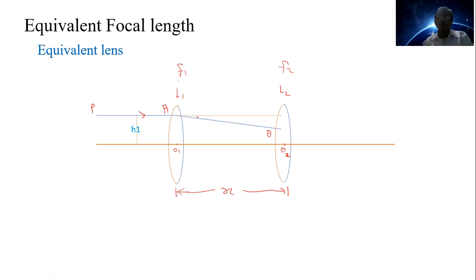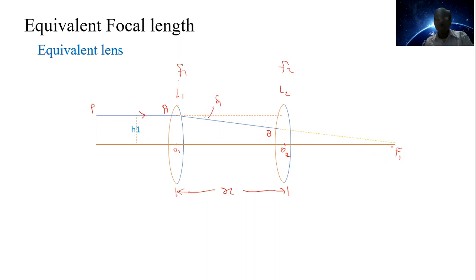The deviation produced here we can consider to be delta 1, the deviation by the first lens. Now see here, if the second lens is not present here, then the light ray travels further and meets the axis at the focus point F1.